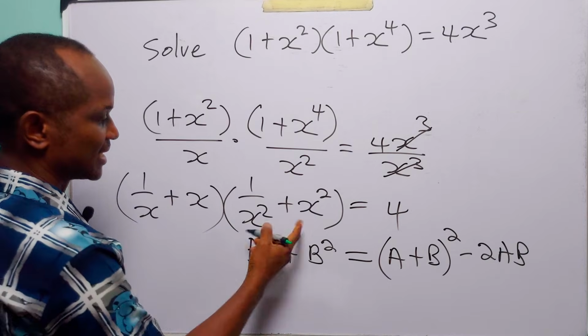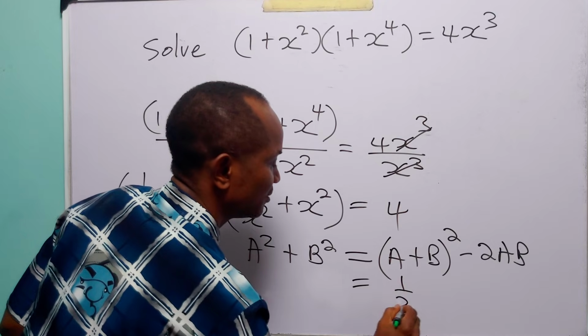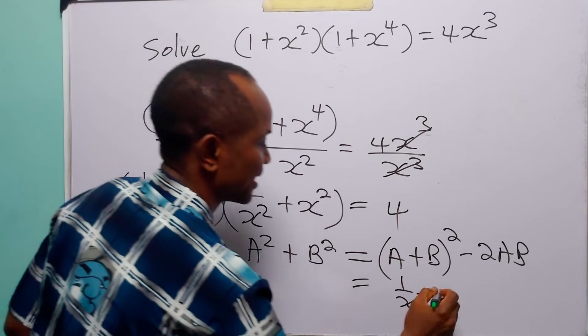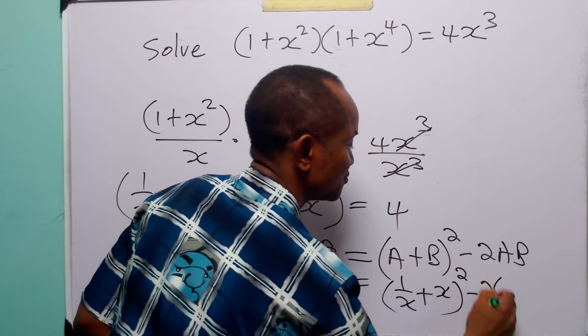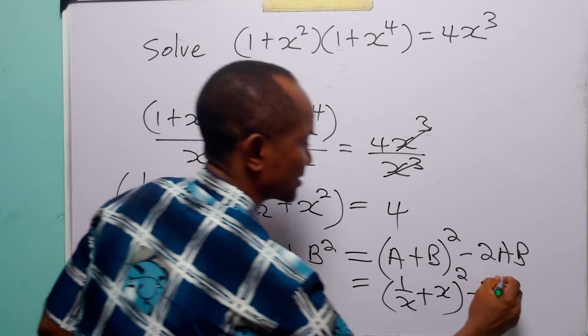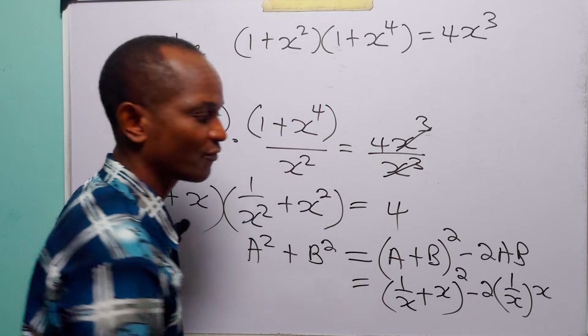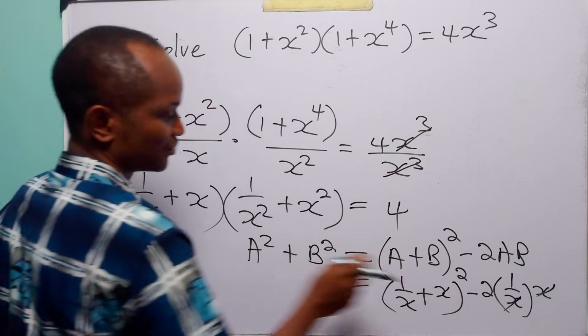So that means that this bracket can be written as (1 over x plus x) squared minus 2 times a, which is 1 over x, and b, which is x. Of course, you know that this is going to cancel that to leave us with 2.